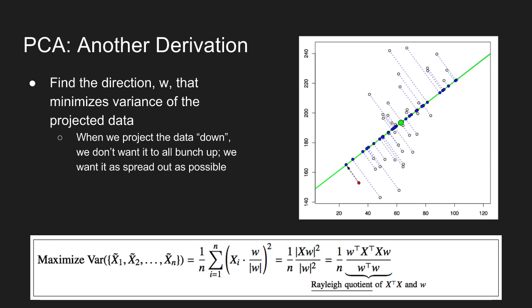This gives us one direction, one principal component. If we want a second principal component, we do this again, and the new direction, W2, is the eigenvector corresponding to the second biggest eigenvalue. If I want 100 principal components, I do this 100 times, and I use my top 100 eigenvectors.